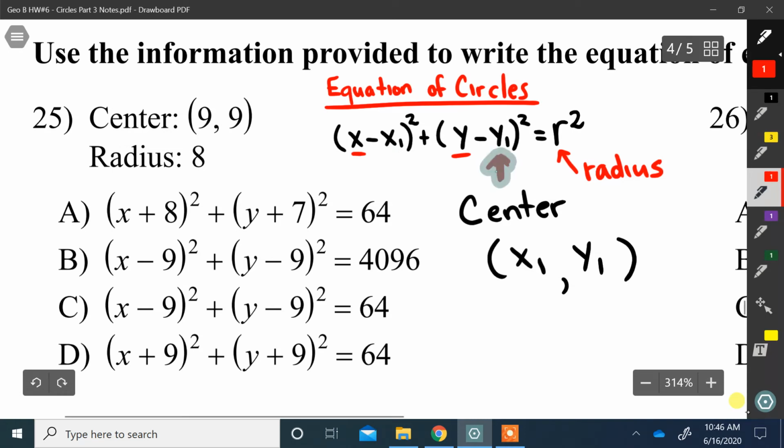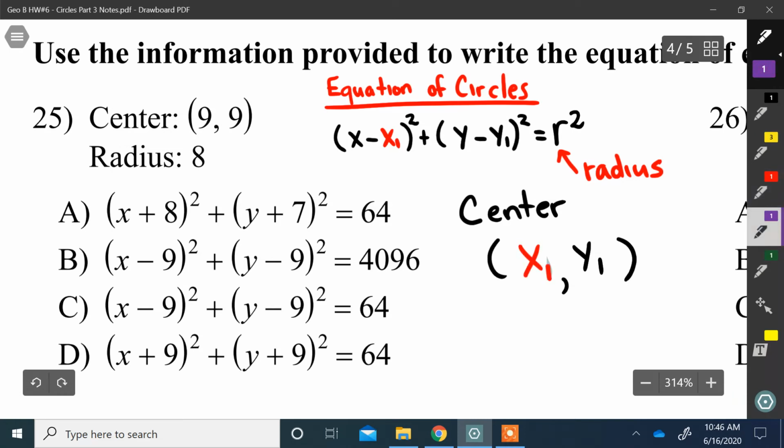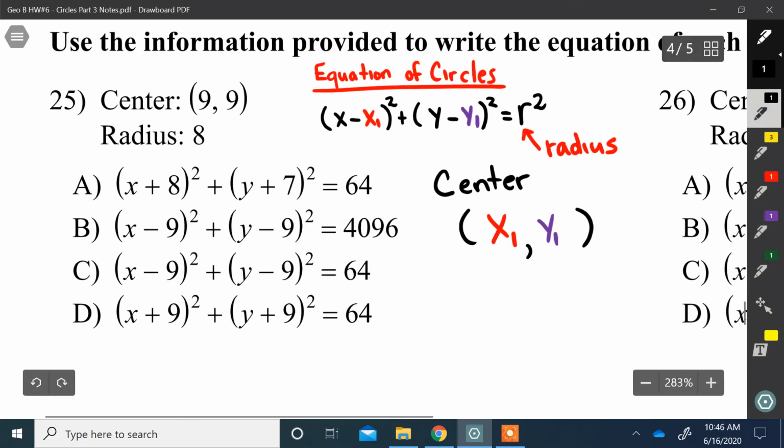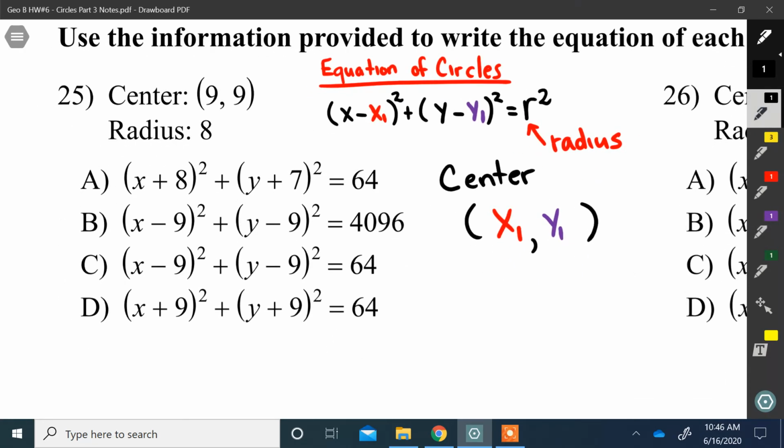So this is kind of like what you need. So let me actually rewrite the formula. So this x1, I'm going to write it in red. x1. The y1, I'll write it in purple. So there it is. So how do we use this formula? Very easy, guys, very easy.